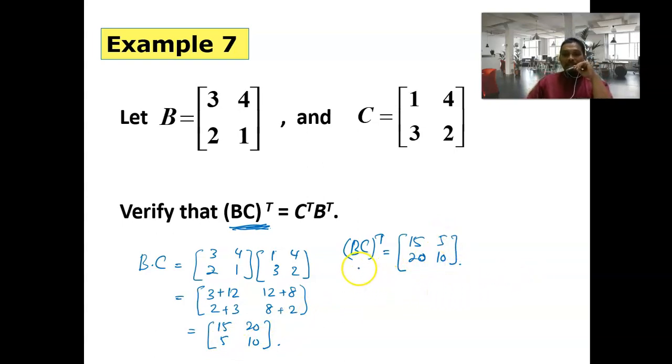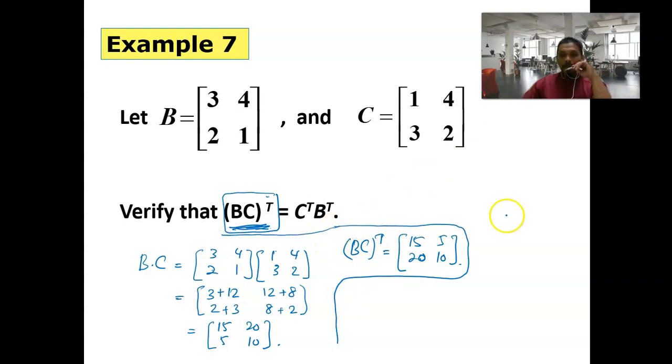So this is the result on the left side. Let's try with the right side now. I make a line to divide it into two parts. So for C transpose, we have C, 1, 4, 3, 2.